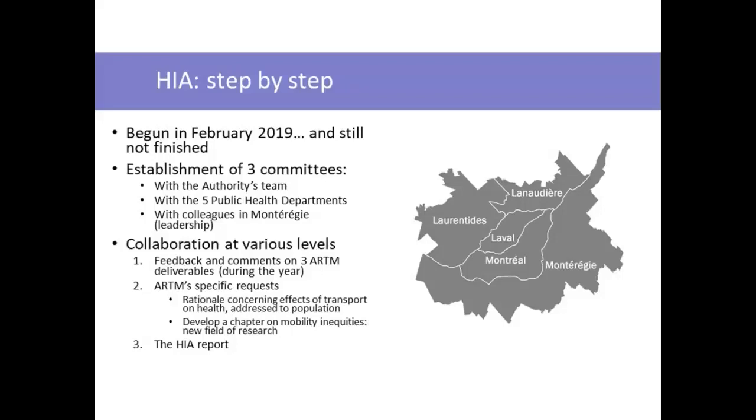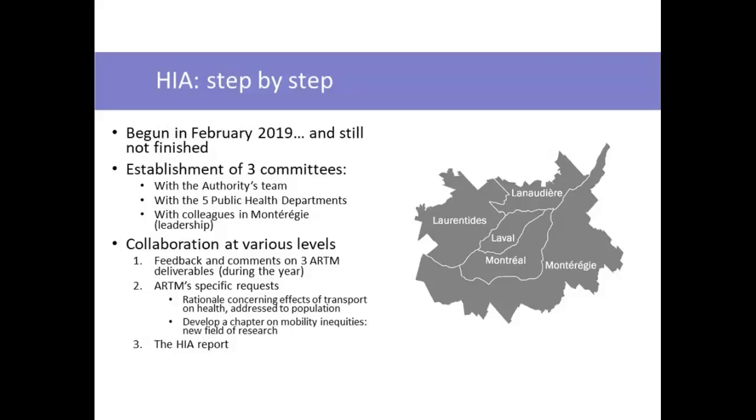For example, we established 3 different committees: one with the authority team, and one with the 5 public health departments concerned. As you can see on the map, the authority territory is very large, as I said, and I had to work with colleagues in Montreal, Laval, Lanaudière, and Laurentides as well.